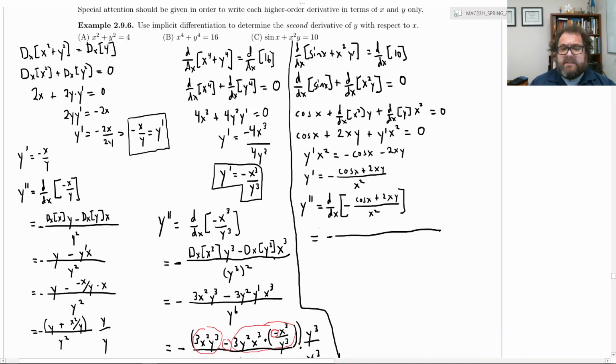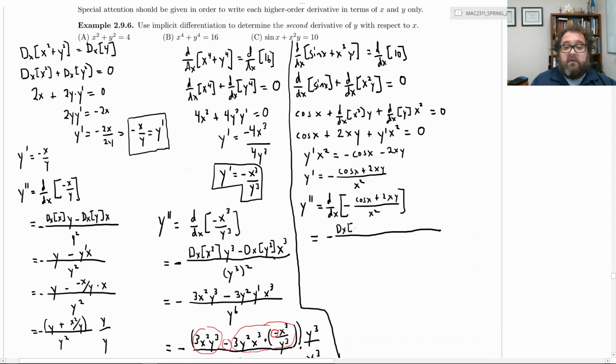Okay, so we're factoring out a -1, and then we're going to differentiate all the variable portions according to the quotient rule. So we take the derivative of the top function, which is a couple terms.